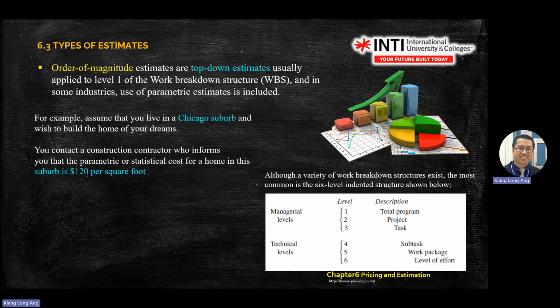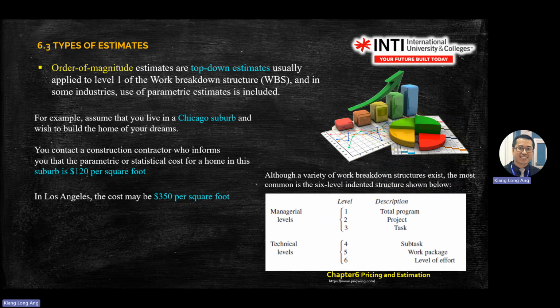This one is usually applied to level 1, work breakdown structure, WBS. So for chapter 6, you will always see the word WBS, work breakdown structure. This is work breakdown structure, level 1 to level 6. This is, for example, how you estimate the land value.